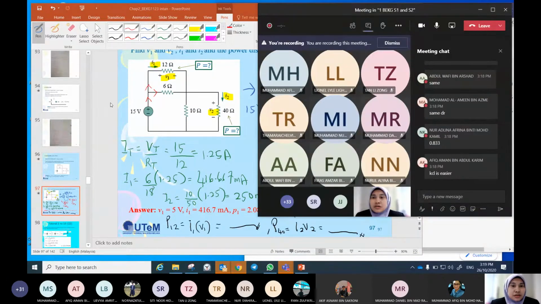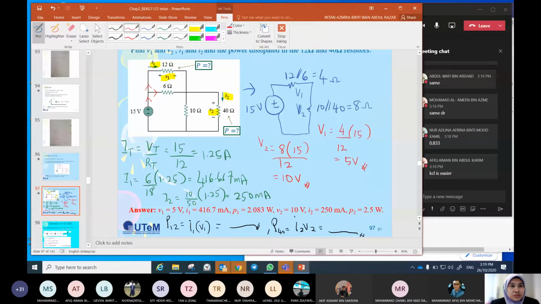We have found I1, then we want to find I2. Again, we use the current divider principle. To find I2, we take 10, its neighbor, divided by the summation of 40 and 10, which is 50, multiplied by 1.25.